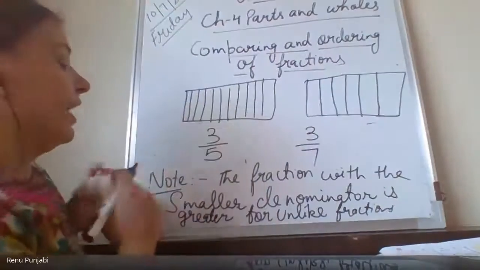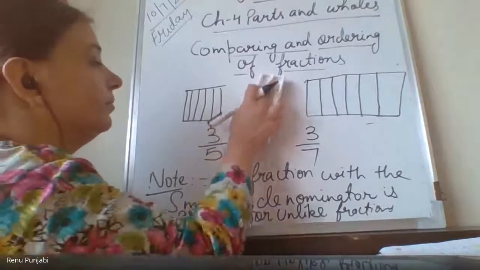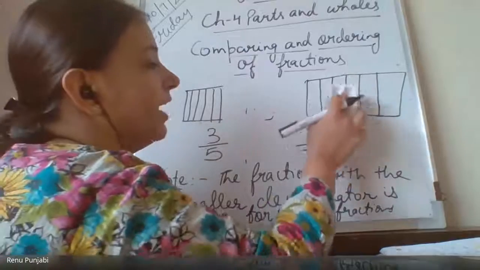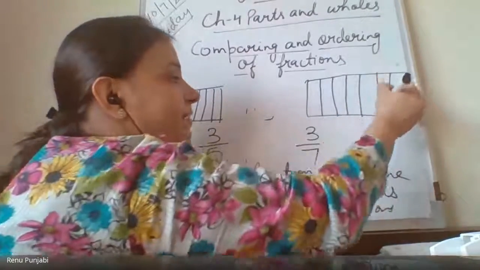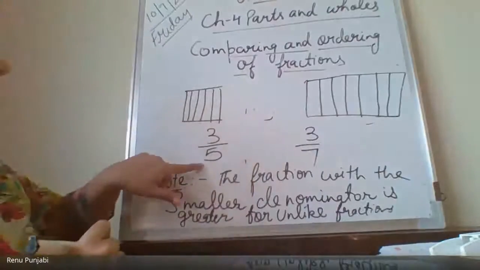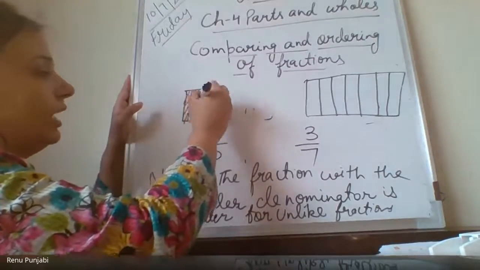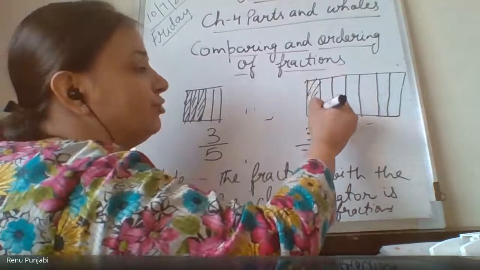So you divide it into 5 parts, and here you divide it into 7 parts. Out of 5 parts, you ate 3 parts. And out of 7, you ate 3 parts.